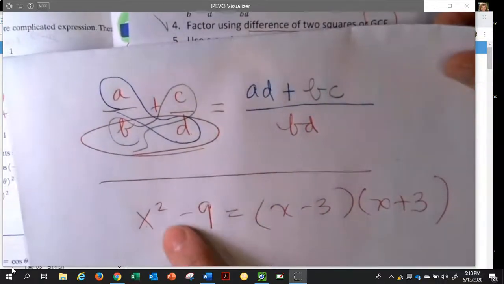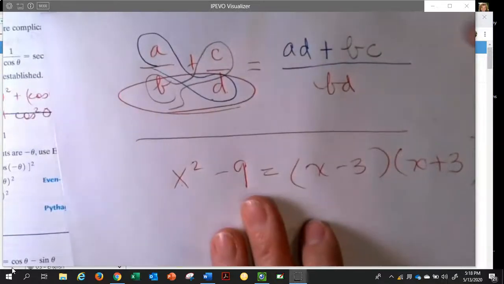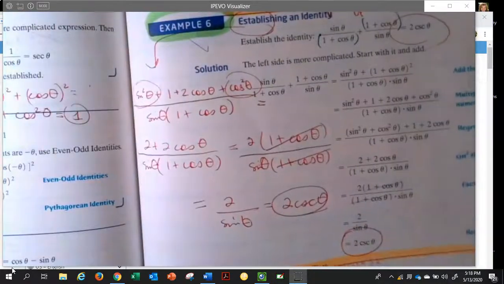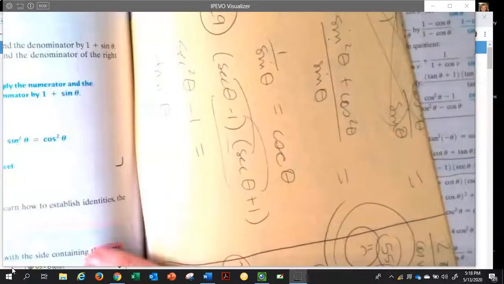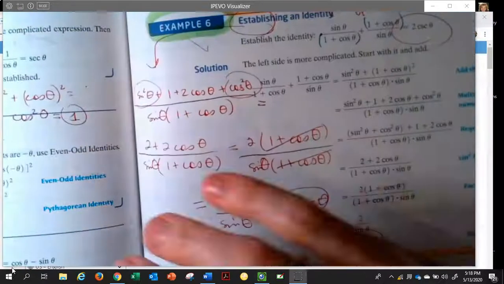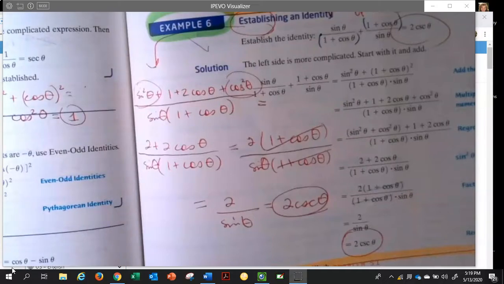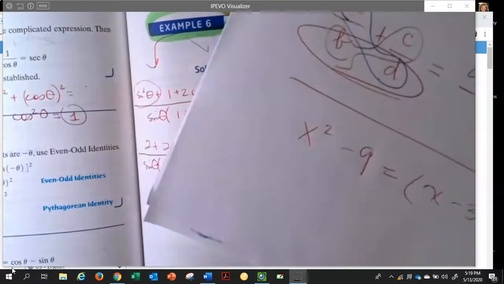And so you've got to recognize, you know, my x squared and my 9, and I didn't pull out an example for them. They may not look exactly like that cute little x squared minus 9, but you're going to have to keep that one rolling around in your brain that it is a possibility. Oh, look right here. It's going to happen right here on this one.